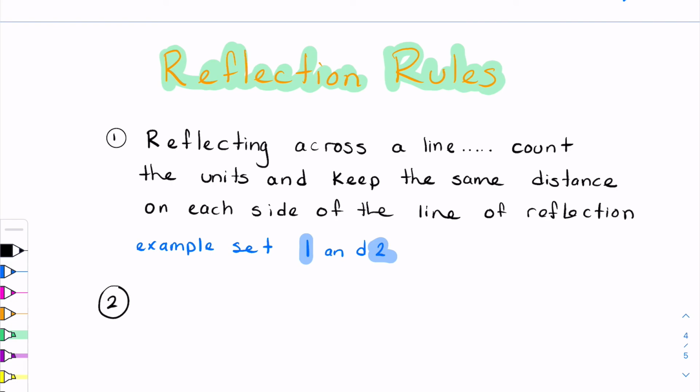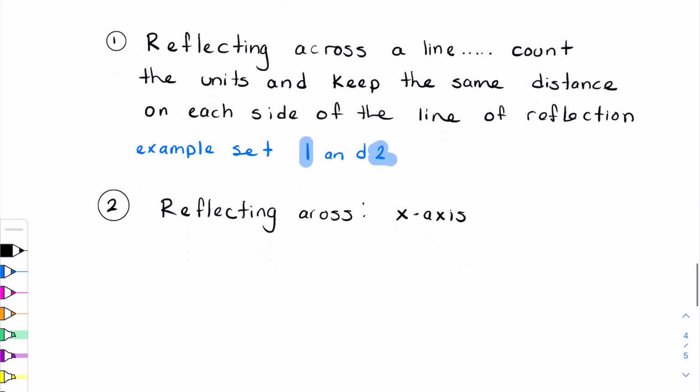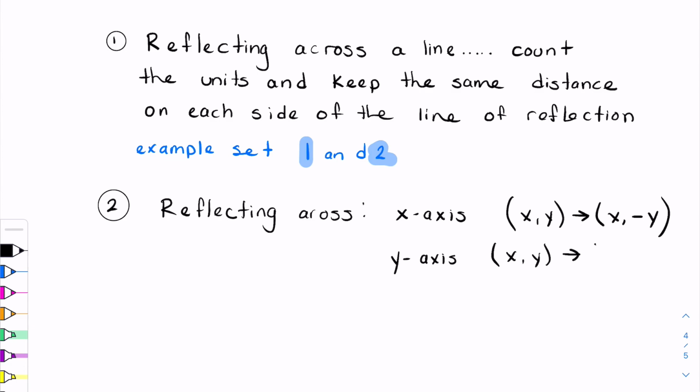Our second rule is reflecting across the x or y axis. Reflecting across the x-axis is when you switch or multiply your y-coordinate by negative 1. And reflecting across the y-axis is when you have your original point and you multiply the x-coordinate by negative 1.